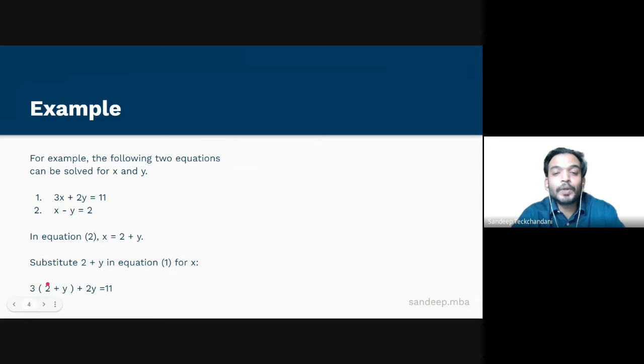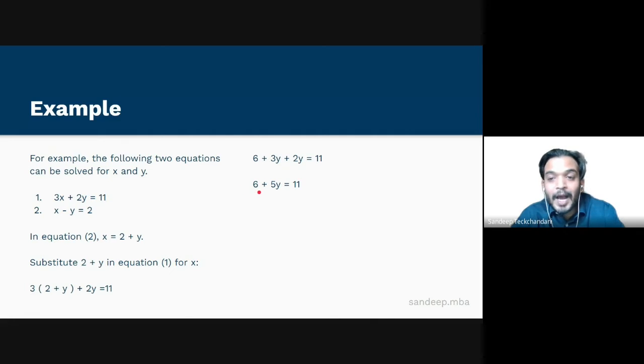3 times 2 is 6 and 3 times y is 3y. So 6 plus 3y plus 2y is equal to 11 will be our next step. Then I will combine the like terms. 3y plus 2y is equal to 5y. Therefore, 6 plus 5y is equal to 11.